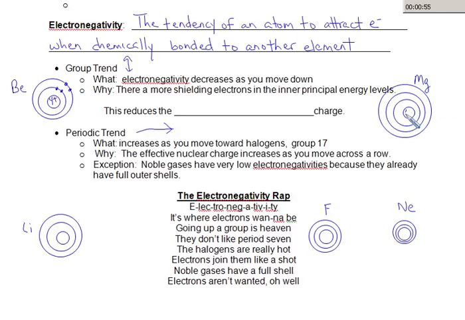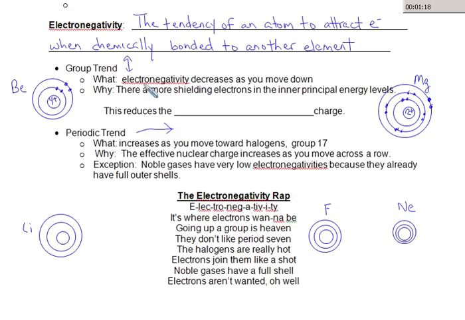This one has a charge of 12 plus. I'm going to put the 2 electrons in the inner shell, 8 in the second principal energy level, and then 2 valence electrons in the third principal energy level.